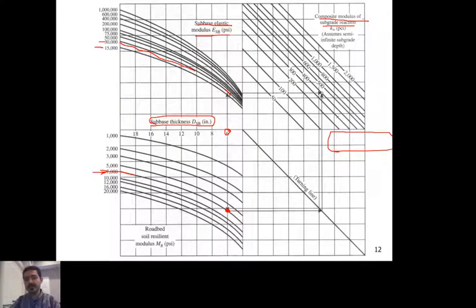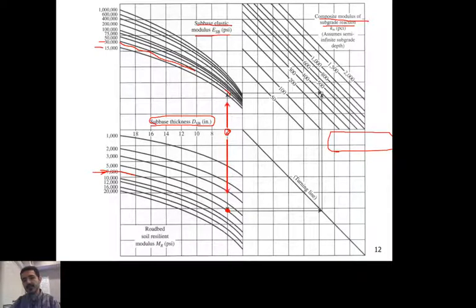First I pick the 6 inches for the subbase thickness, and then from the top portion I get the subbase elastic modulus, and at the bottom portion I get the modulus of the soil, which is 7,000.